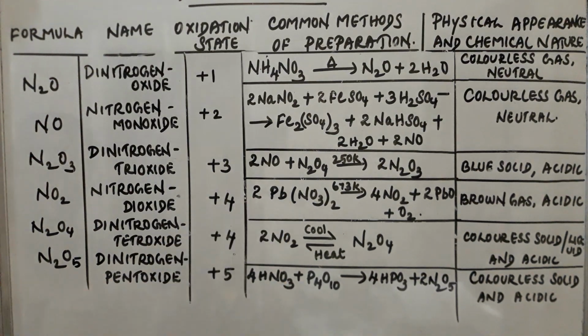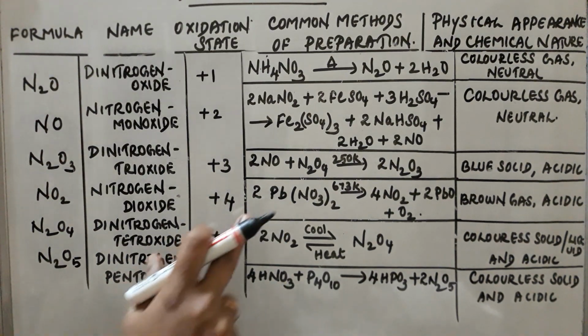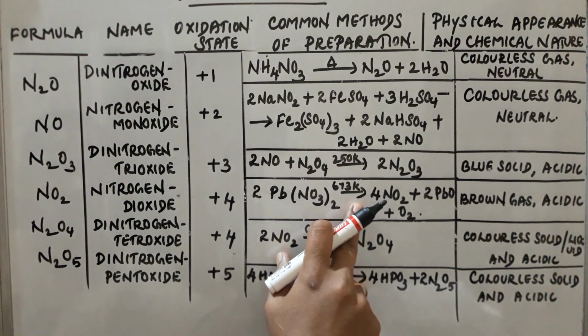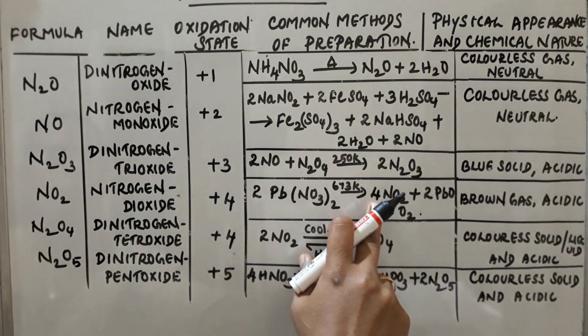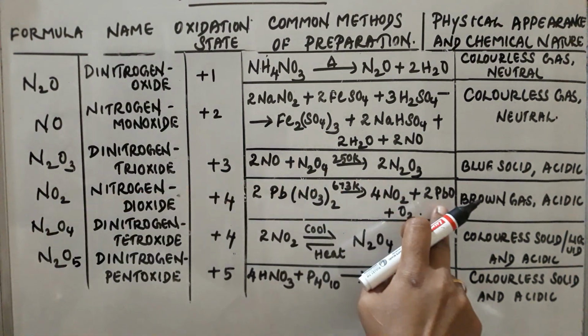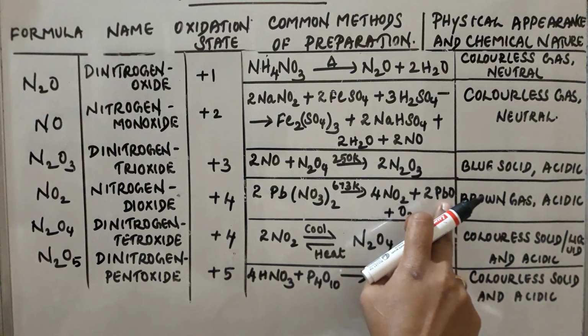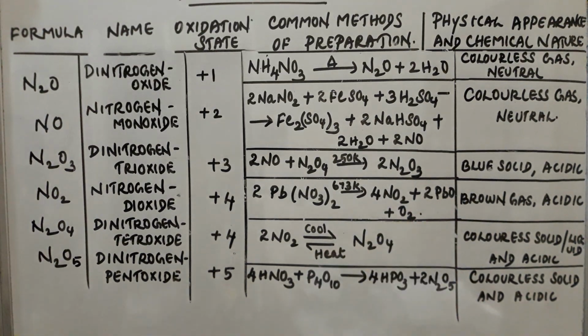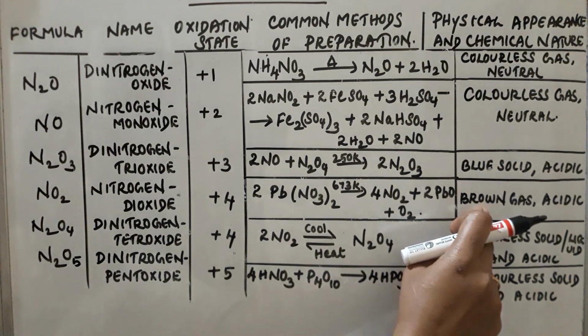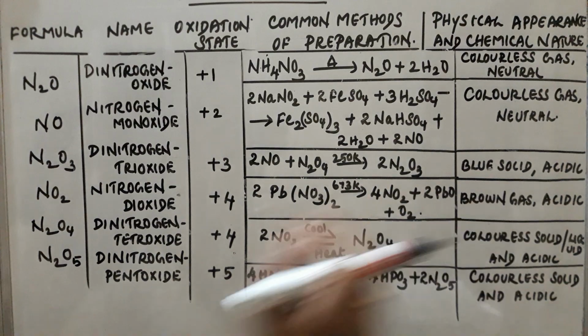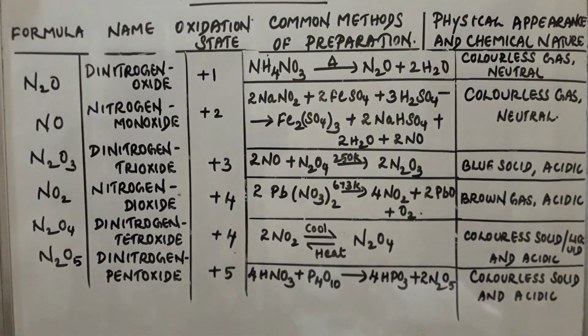It can be obtained from lead nitrate. Lead nitrate on heating at 673 Kelvin gives NO2, that is nitrogen dioxide, and PbO, lead oxide, and oxygen gas is evolved. Its physical appearance is a brown gas and its nature is acidic.